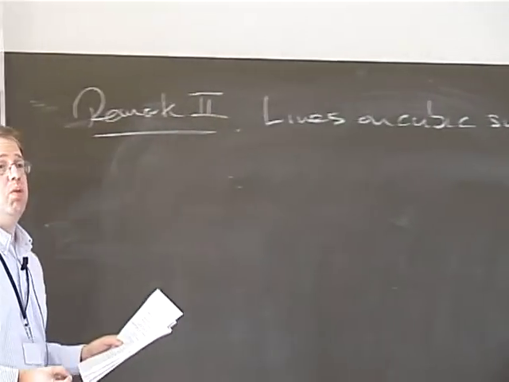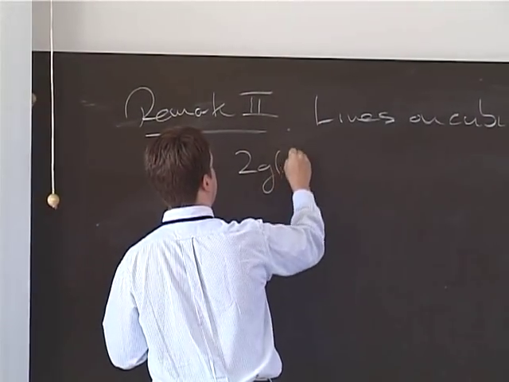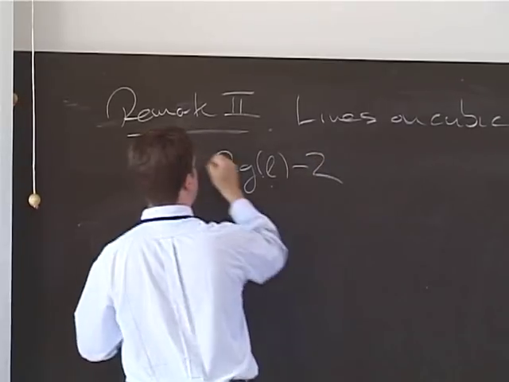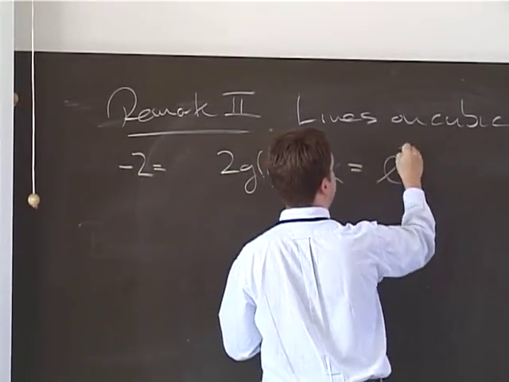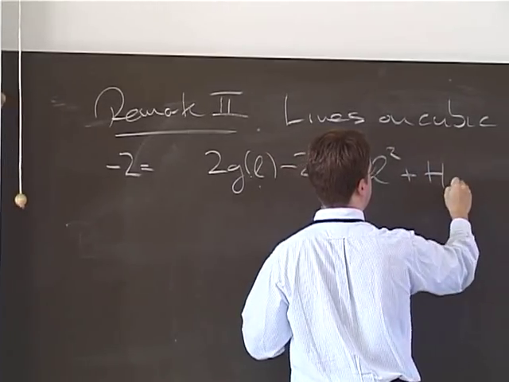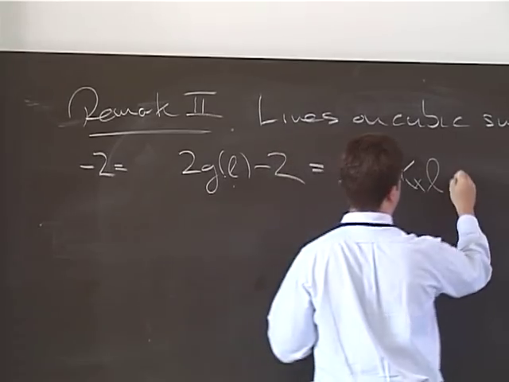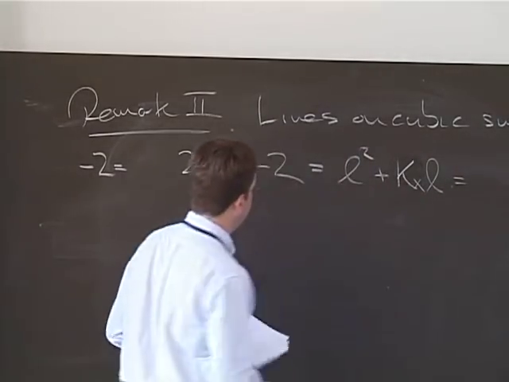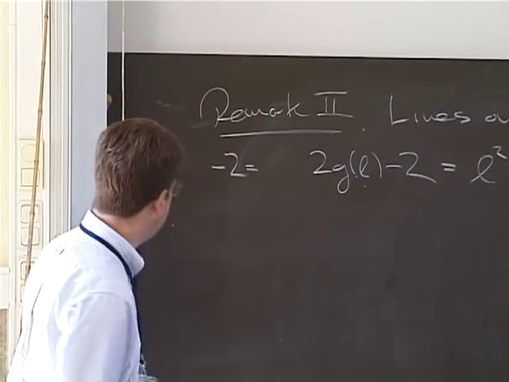This is just a computation with the adjunction formula. You can see that the lines are exactly the minus 1 curves.